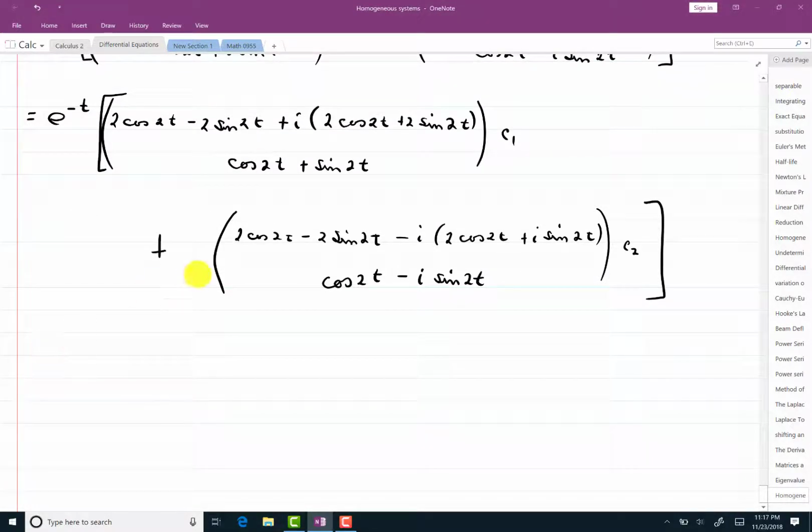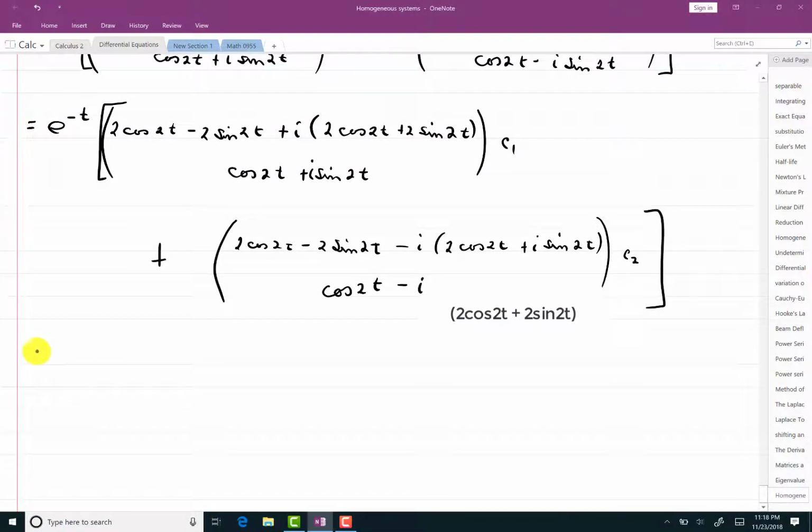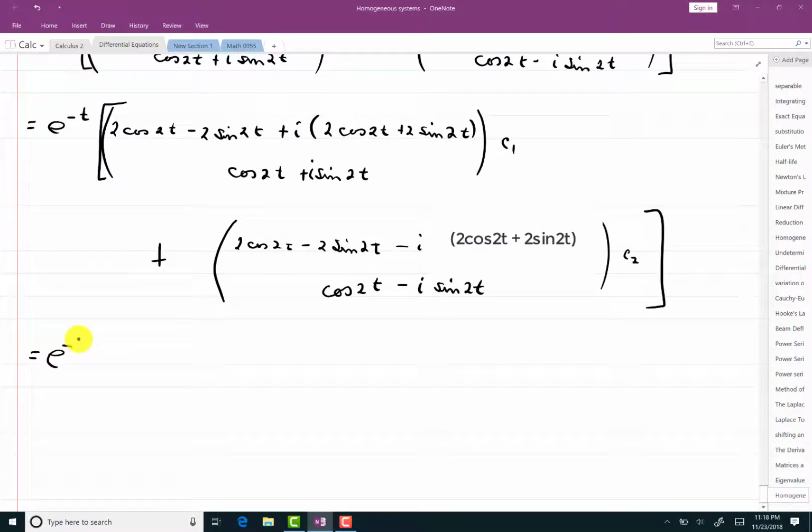What I'm going to do is break each of these vectors up into real and imaginary parts. So I get my e to the negative t. Let's see what we have here.